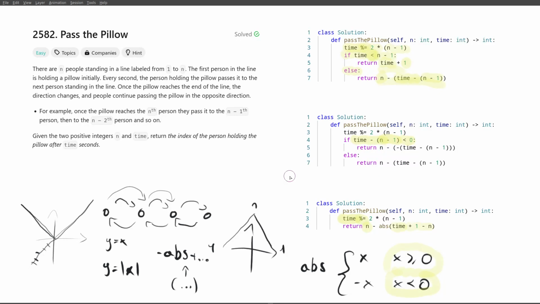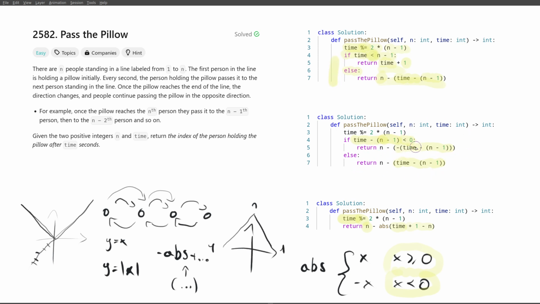So the final step is, because here we have something less than 0, we know that if it's less than 0, we have to take it with a negative sign. Otherwise, we have to take it with a positive sign. So you have to start with minus this in this branch that's less than 0, and plus this in the other branch. And the only thing that remains now is to look at what we have above and make sure that the result is the same.